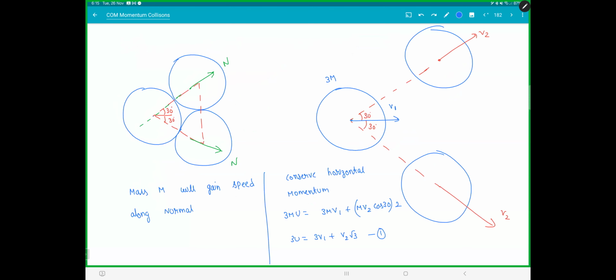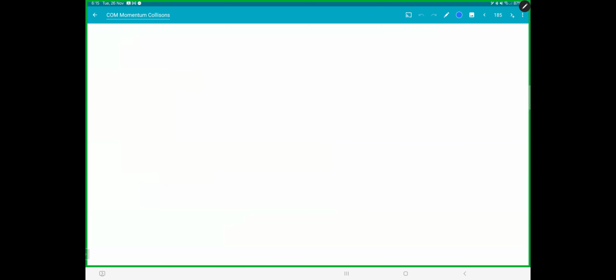Next one is a good one. The velocity of a ball before collision is u bar, which is 2i plus 3j.